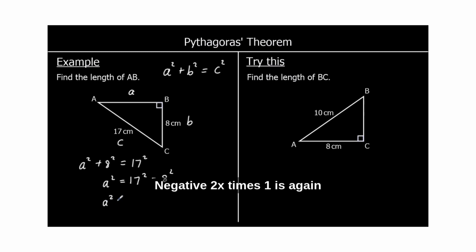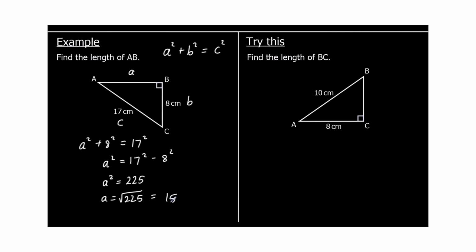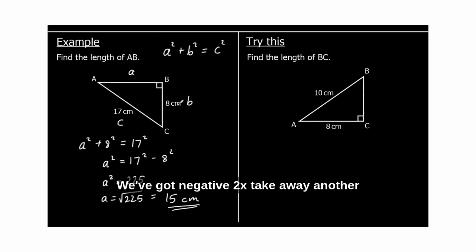So a squared equals 225. To get a by itself, we square root both sides. So the square root of 225 is 15. So a is 15 centimeters. So 8 squared plus 15 squared equals 17 squared, or 17 squared minus 8 squared equals 15 squared.